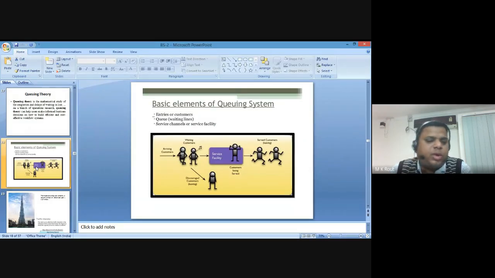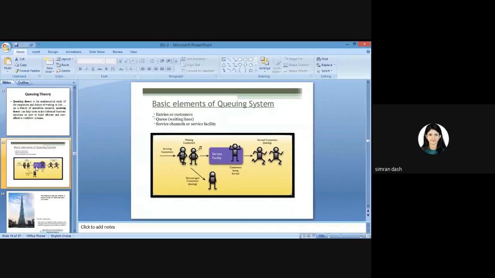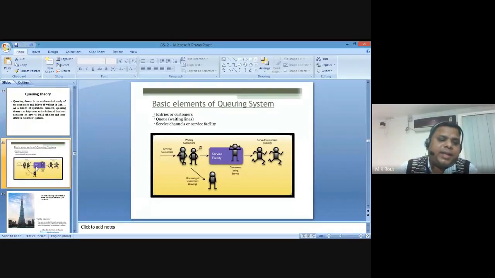Suppose you go to deposit cash in a particular bank. Whenever you reach nearby, those who are present provide the fast service. That is the concept of waiting line or queue system. Whoever comes first will be served first, that is the concept of the queue line. Clear? Yes, sir.